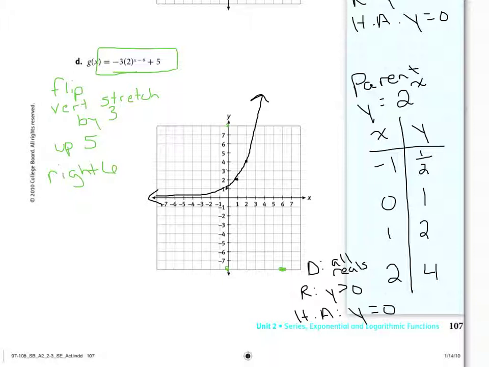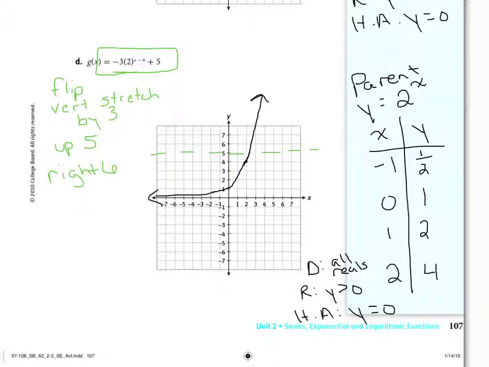Stretch by 3 gives me 6. I forgot to flip before I moved up. Pardon that. The flip comes before the moving up. But we do know one thing about that moving up, right? That's going to put our horizontal asymptote at 5.